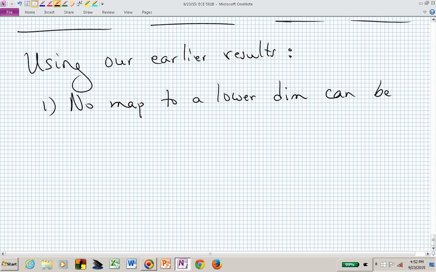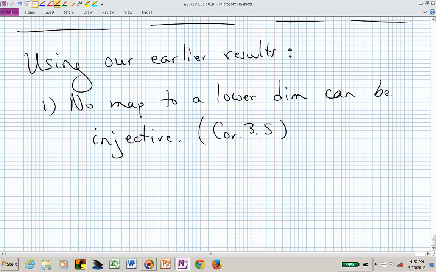Now I'm looking for injective or surjective. So now we're going from a bigger dimension to a smaller dimension. And if we have a map that's going from big to small, what do we know about that map? It can't be injective, can it? No map to a lower dimension can be injective. And that was corollary 3.5.